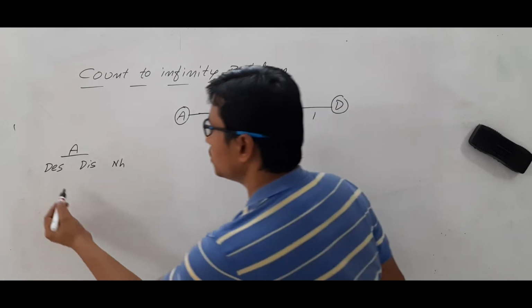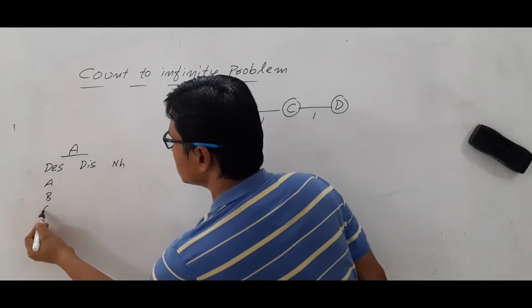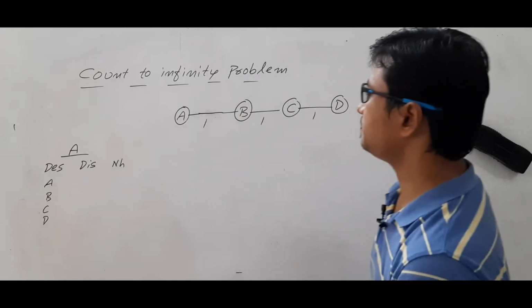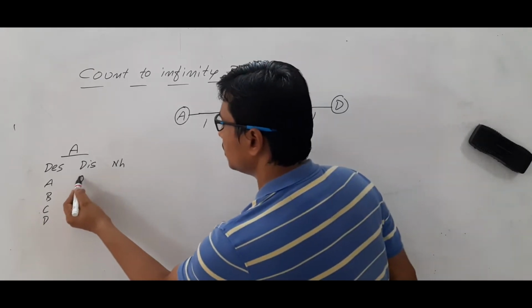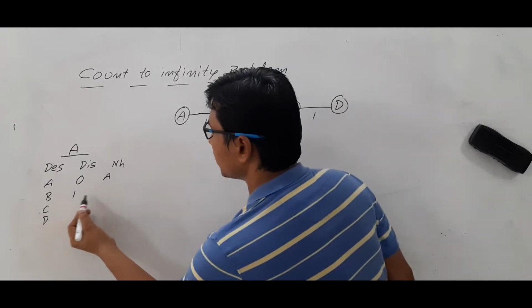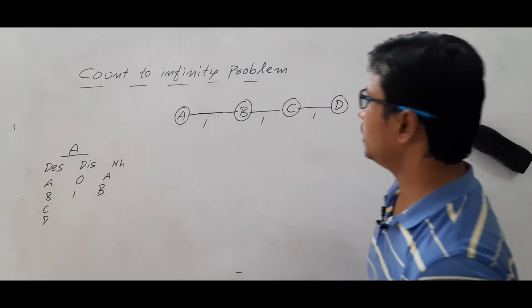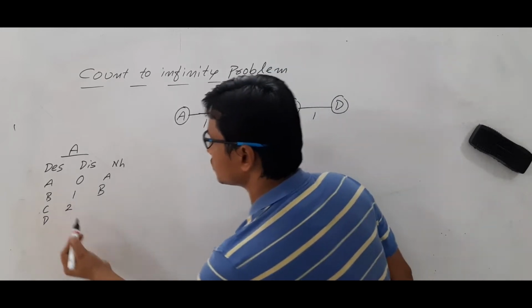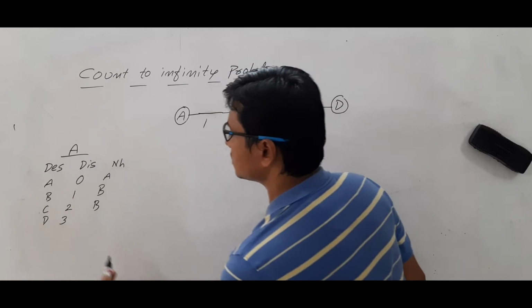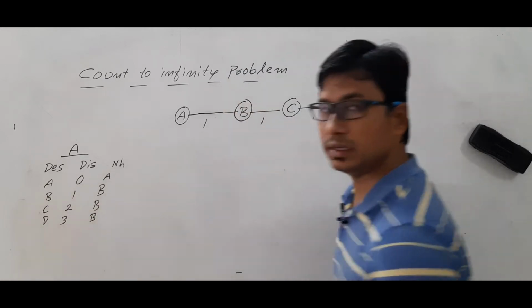So A to A, B, C and D, this information it will find. A to A distance is 0, next hop is A. A to B distance is 1, next hop is B. A to C distance it will find as 2 and next hop is B. A to D distance is 3, next hop is B.